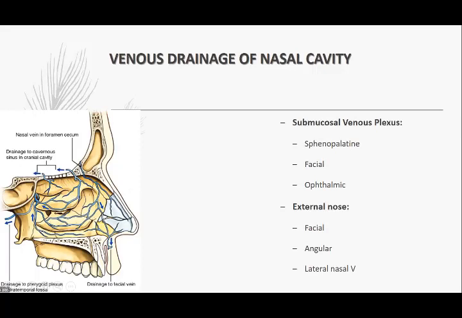And then of course facial veins, that you already know. The external nose is also drained through the facial veins, the angular veins, which is a continuation of the facial, and lateral nasal veins. All these contribute to the venous drainage of the nose.